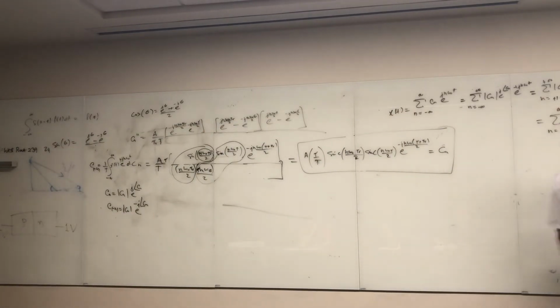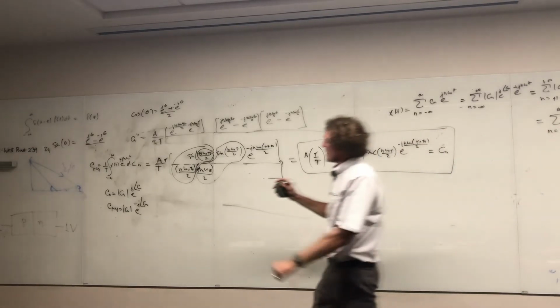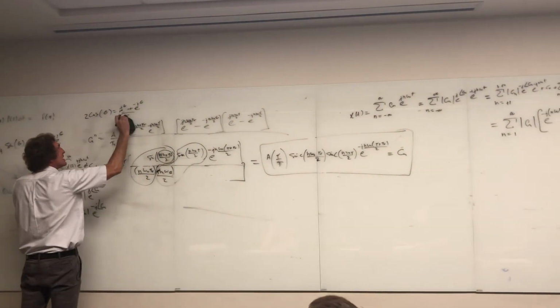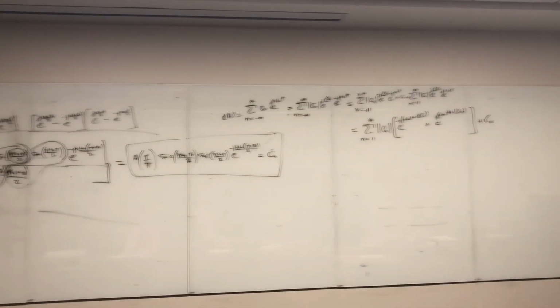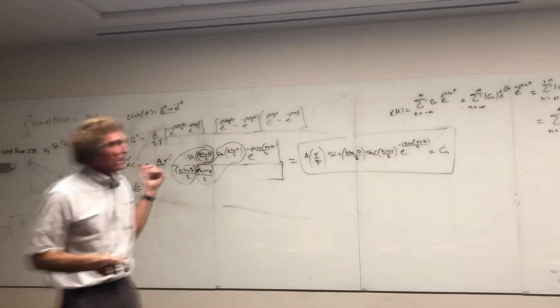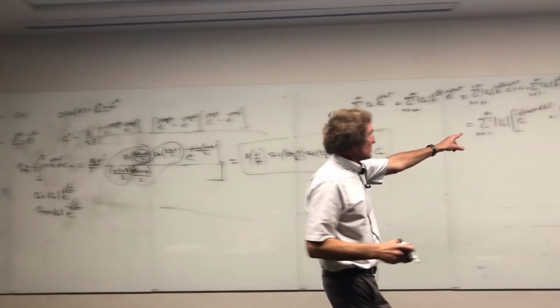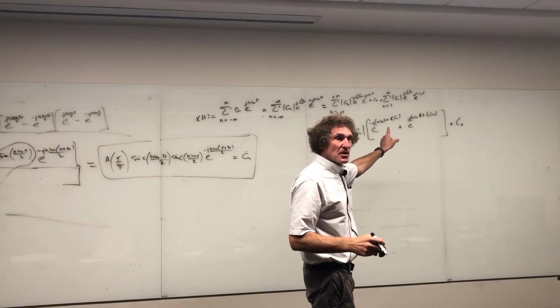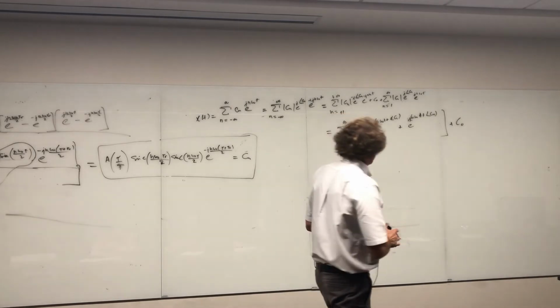You all see what I'm doing? I just multiplied by 2. So what does that term right there become? Just the cosine of the exponential's argument. You all see that? And I'll write it out specifically.